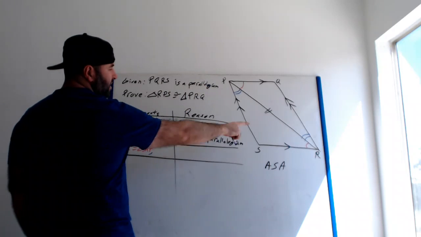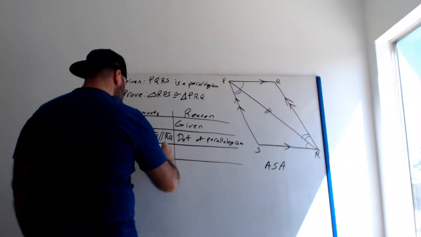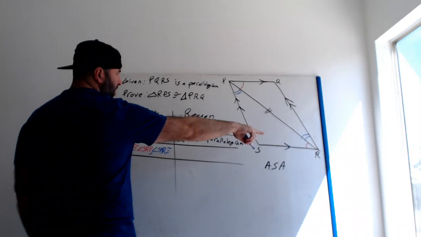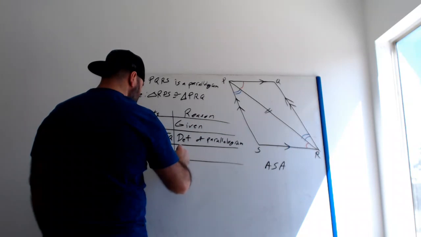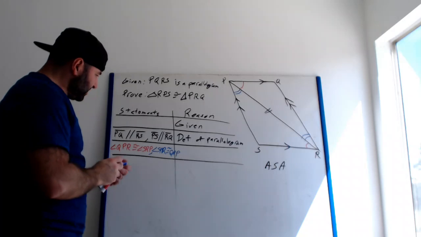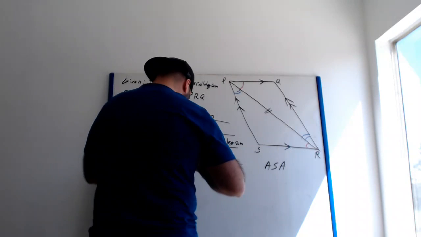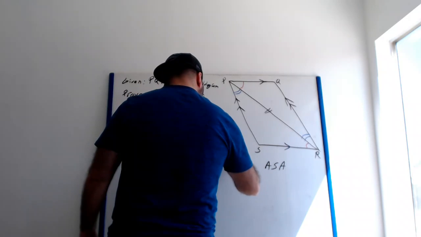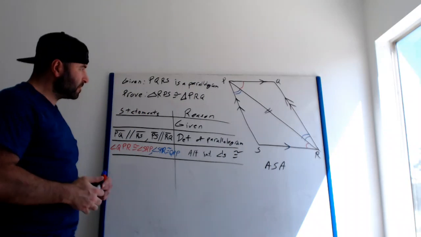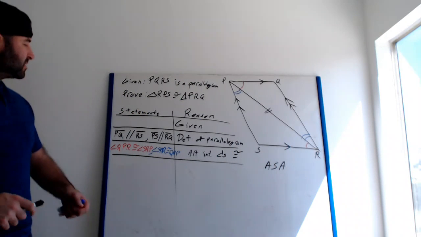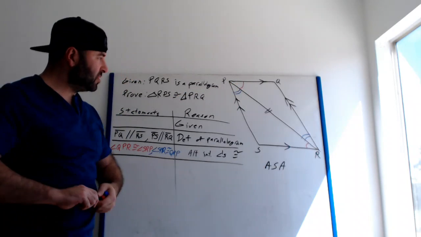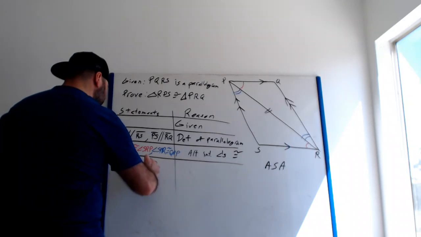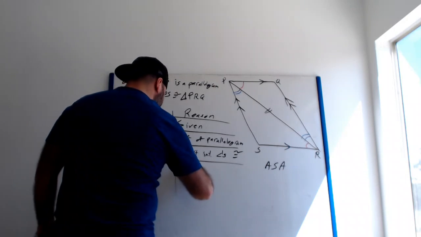Angle SPR is congruent to angle QRP. And the reason is alternate interior angles are congruent. Okay, so that takes care of 1 and 2. My third congruency statement is that PR is congruent to PR, and that's the reflexive property.